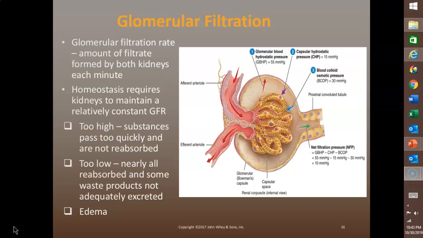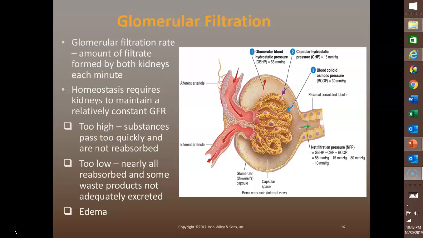If the glomerular filtration rate is too low, then almost all of the filtrate can be reabsorbed, and certain waste products get reabsorbed back into the blood as well, and we may not adequately excrete those.